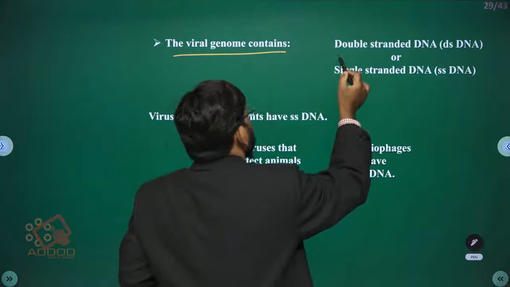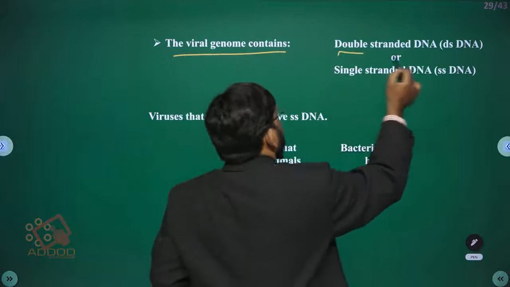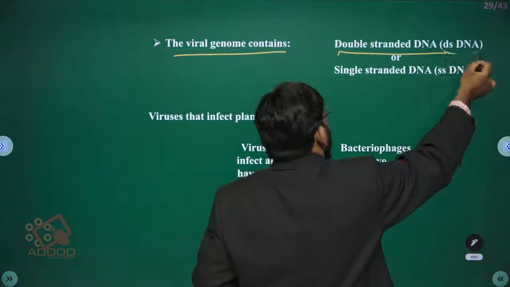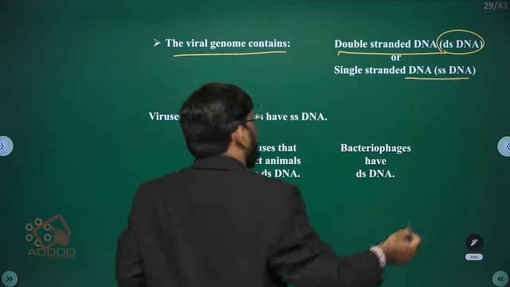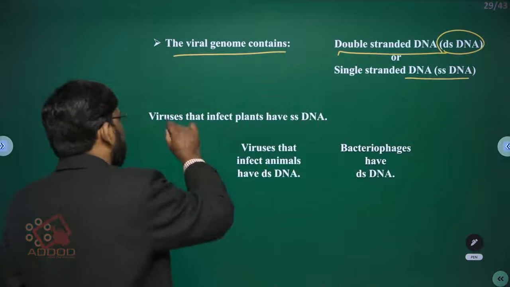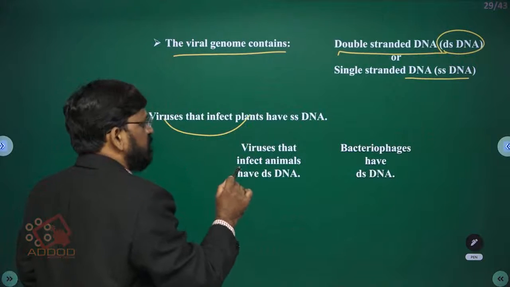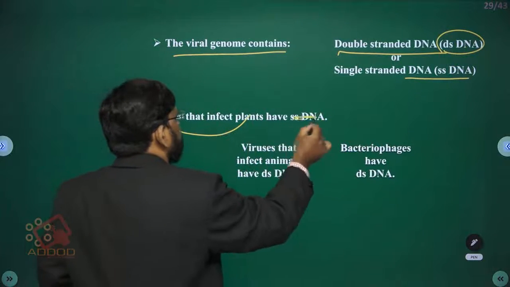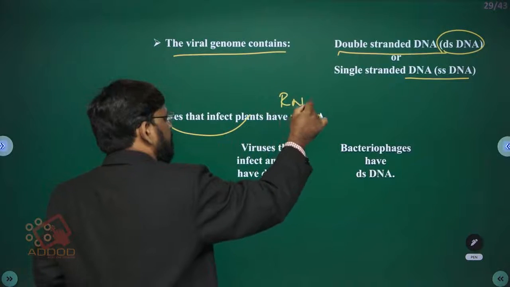Genetic material. That genetic material is usually RNA, but it may even be DNA. That DNA is usually double stranded DNA. Even viruses show single stranded DNA also. Viruses that infect plants generally have RNA.